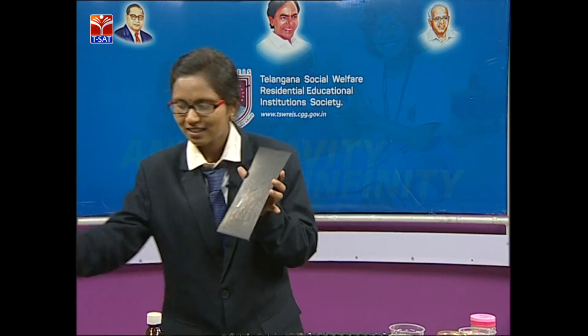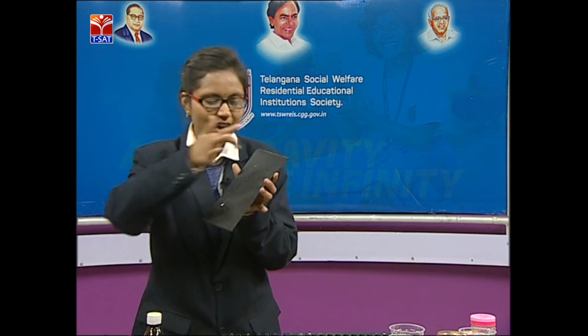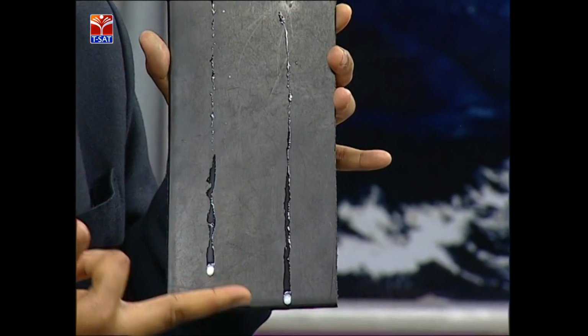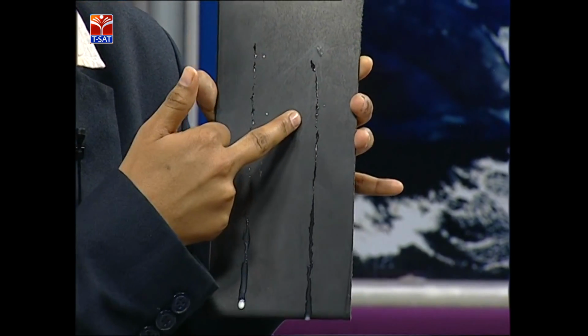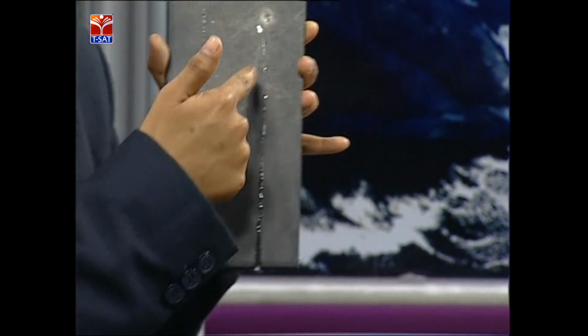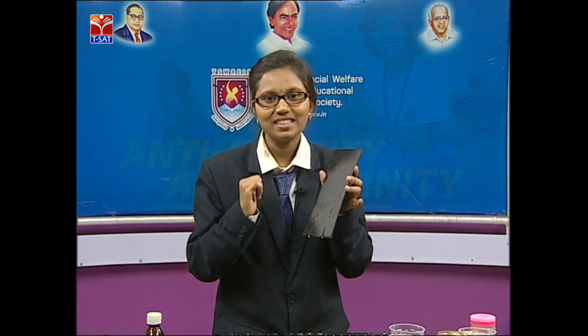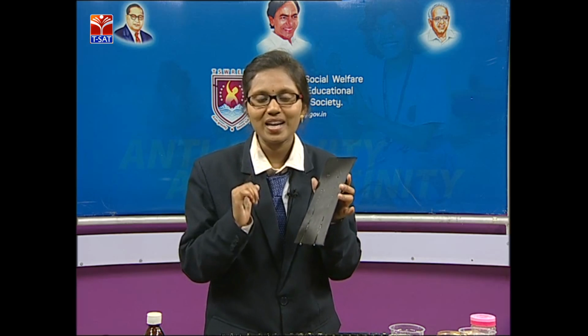Let us add one more drop of milk here. See here friends, this milk flows immediately without leaving any mark behind. It indicates that this milk was adulterated with water. By this test, we can identify whether our milk is pure or adulterated with water.